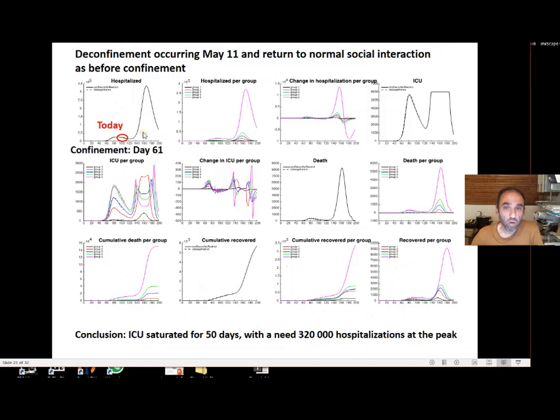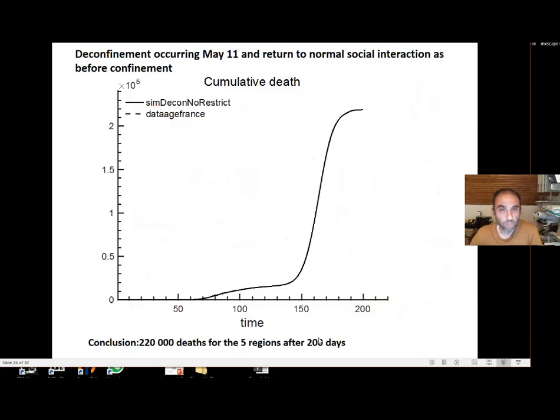The consequence of this, if we go directly to ICU, would be a saturation of ICU for 50 days with a large number of deaths and a number of hospitalizations at the peak of 320,000. Here would be the cumulative deaths, about 220,000 deaths for the 5 regions, where you can see the beginning and then suddenly the huge rise in the number of cumulative deaths.